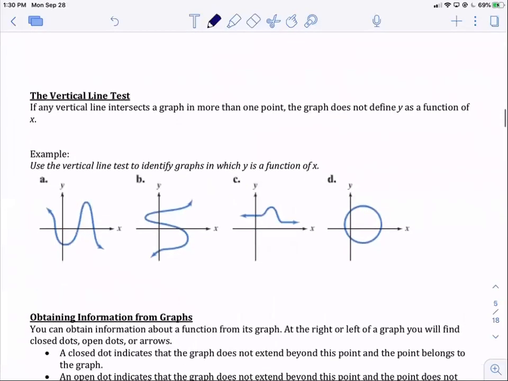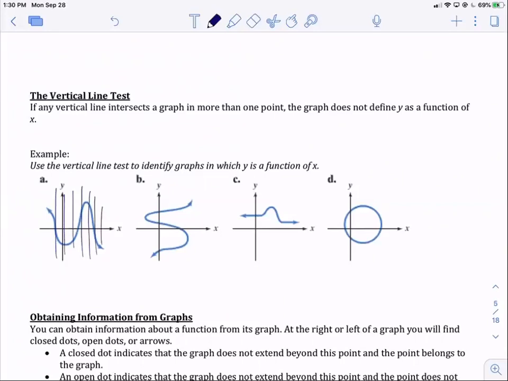Vertical line test. Okay, remember, vertical line test says if you can draw a line that's vertical and you only go through one point on the graph, it's a function. So looking at A, if I draw a vertical line anywhere on this graph, am I ever going to intersect more than once?